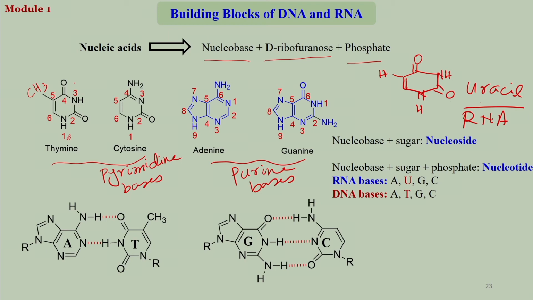When it comes to cytosine, here you have an amine group, and since there is an amine group, there is a double bond and N, it is a difference. So, thymine and cytosine are pyrimidines. I will draw the structure of both.